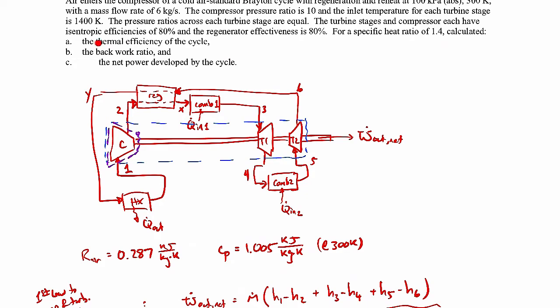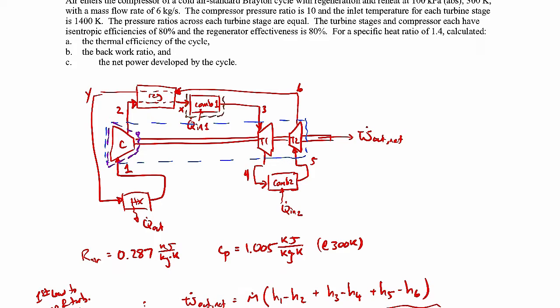Then to find the thermal efficiency, we'll need to find the total heat going into our cycle. So we'll have some heat coming in through the first combustor, and then we'll have some heat coming in through the reheat combustor. So we'll need to apply the first law to both of those. So let me sketch that out.